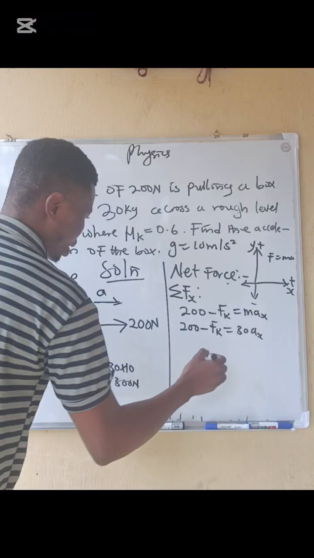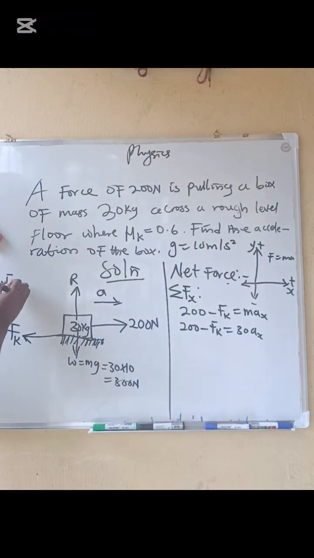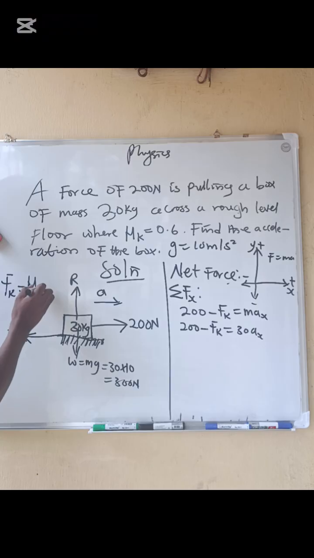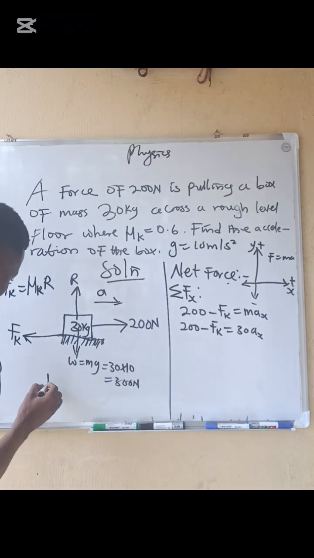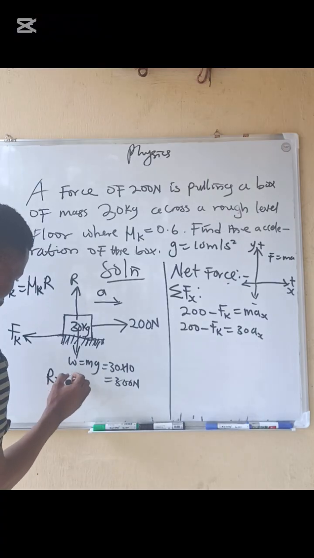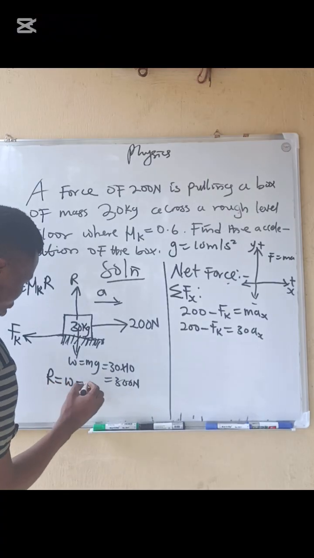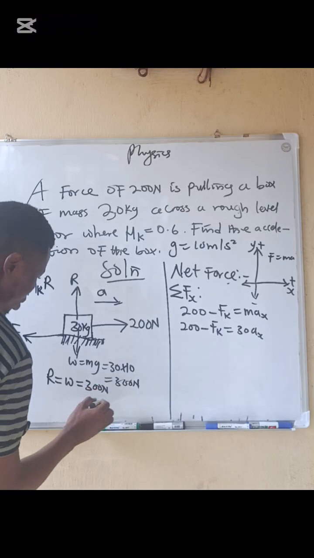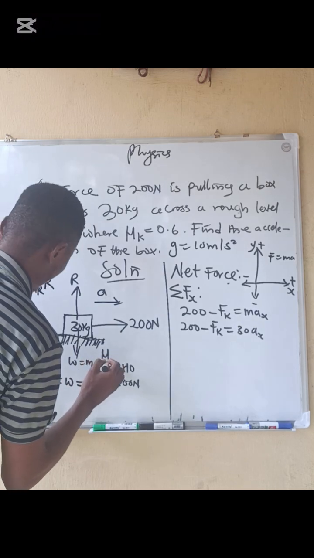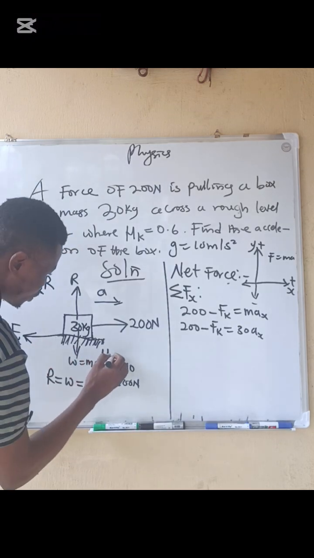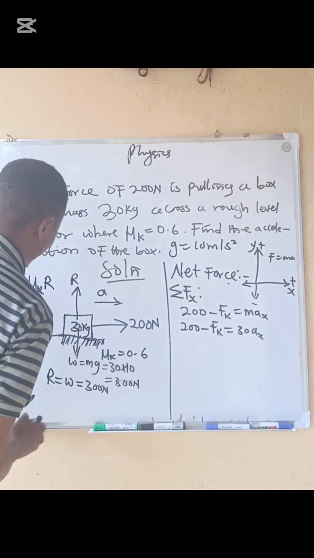But also recall that Fk equals the coefficient of kinetic friction multiplied by R. In this case, R equals the weight, which is 300 Newton. Our coefficient of kinetic friction was given to be 0.6.